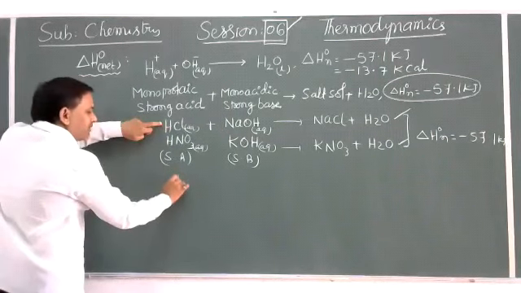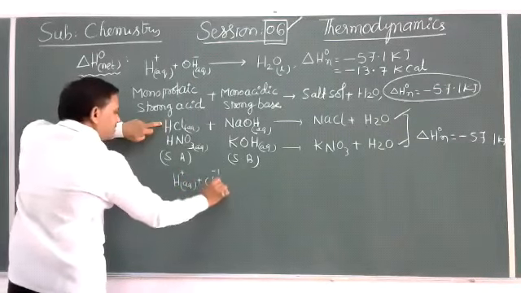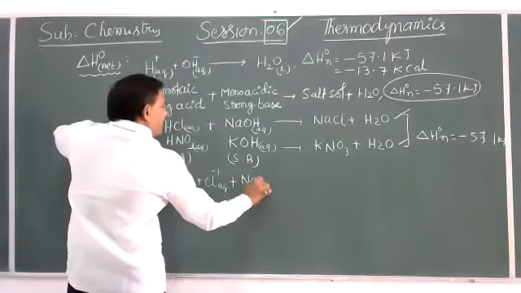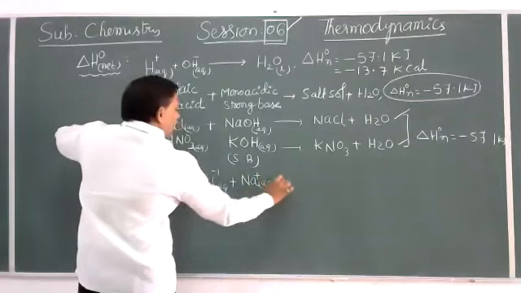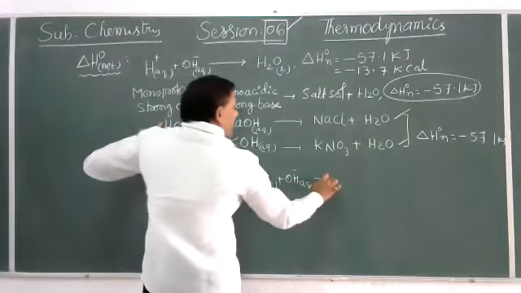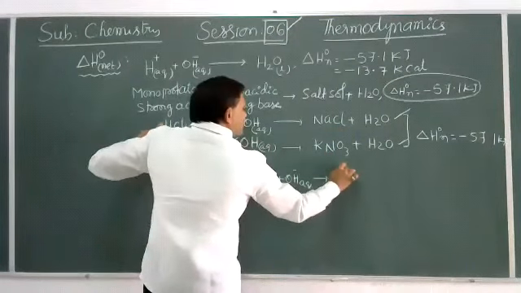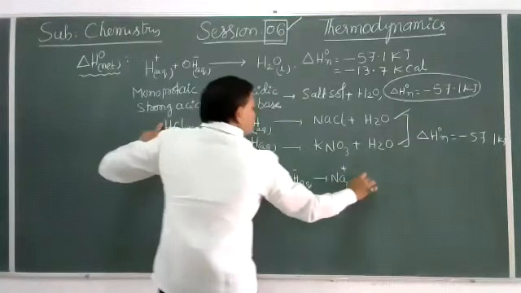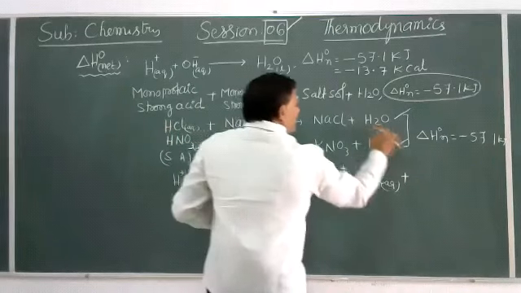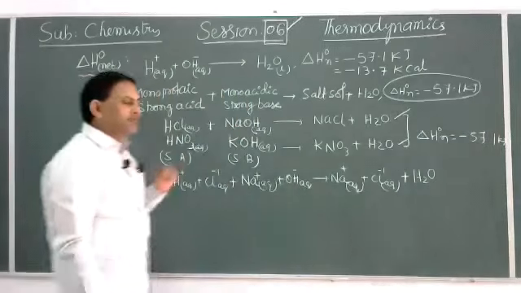In aqueous medium, it is H plus aqueous plus Cl minus aqueous plus Na plus aqueous plus OH minus aqueous, which gives NaCl in aqueous medium, which also ionizes, giving Na plus aqueous plus Cl minus aqueous. But here water is a weak electrolyte and cannot dissociate completely.